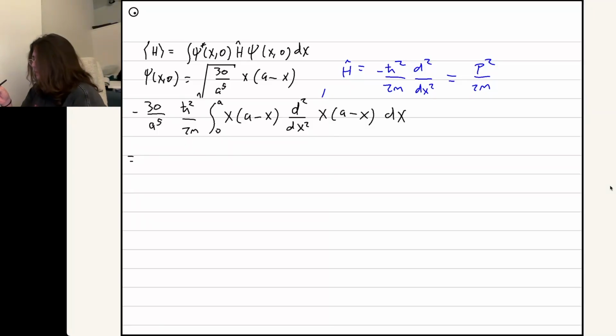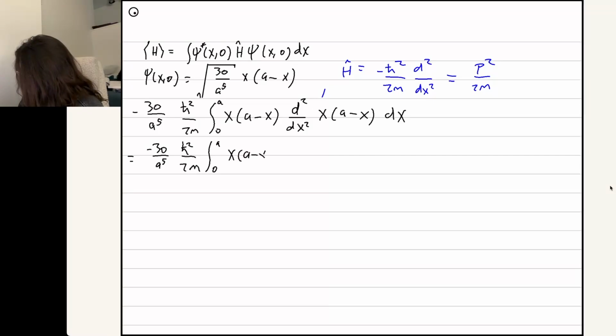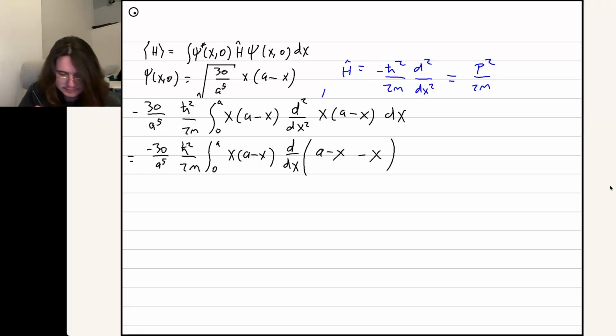So, just going through the motions, gotta do the derivative in a second. Whoops. x times a minus x, the first derivative is going to look like a minus x minus x, so a minus 2x.